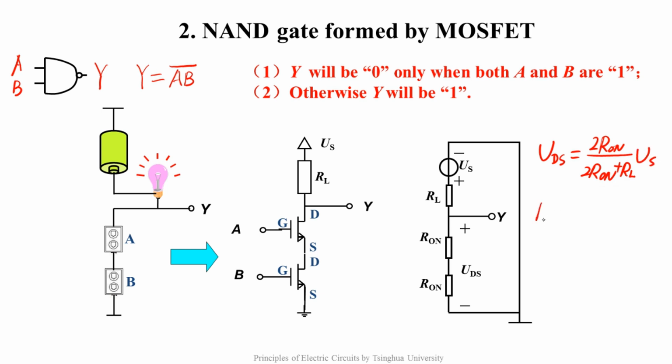Only when RL is far greater than R on, the logic is correct. Please think about how to form the AND gate. Based on the NAND gate and an inverter, it's simple to realize the logic of the AND.